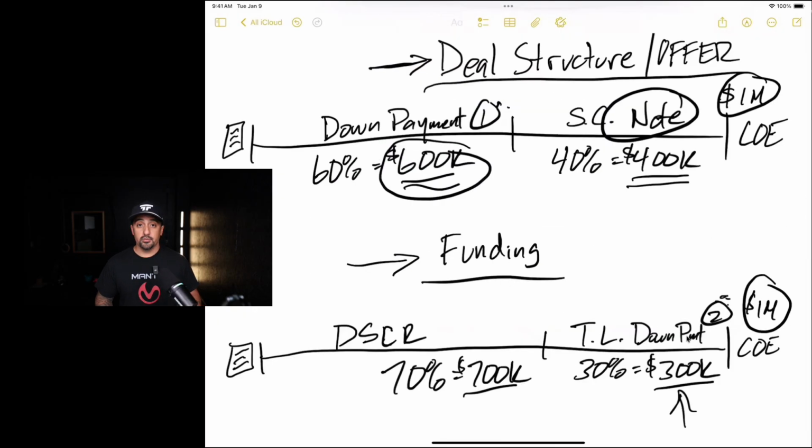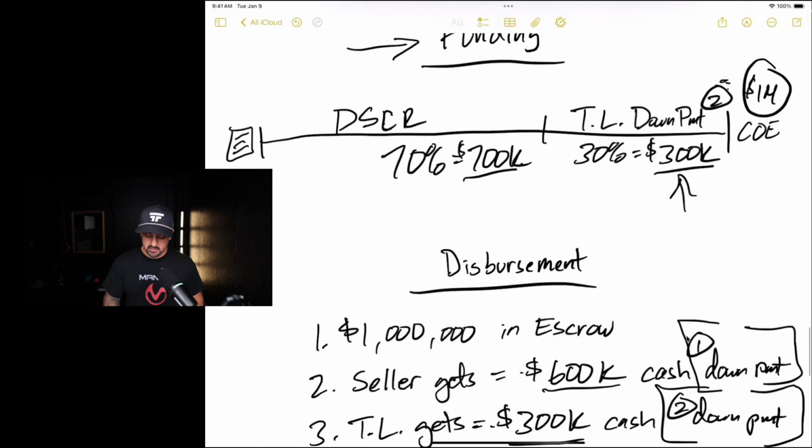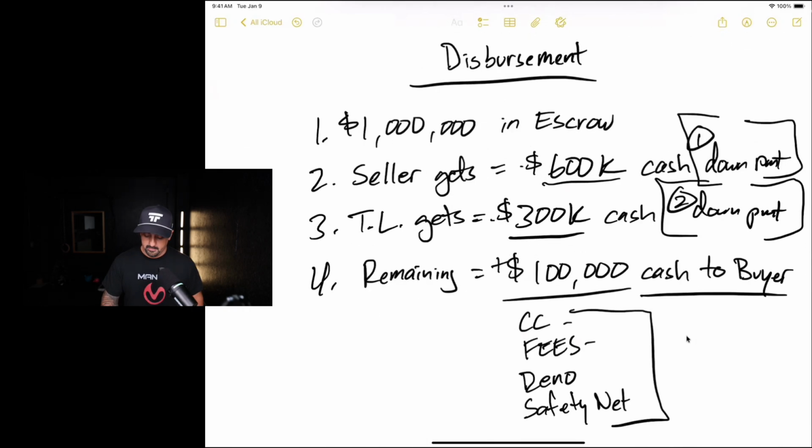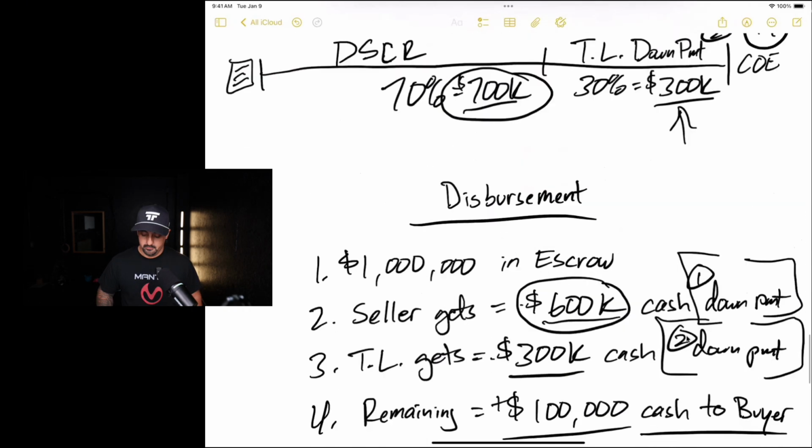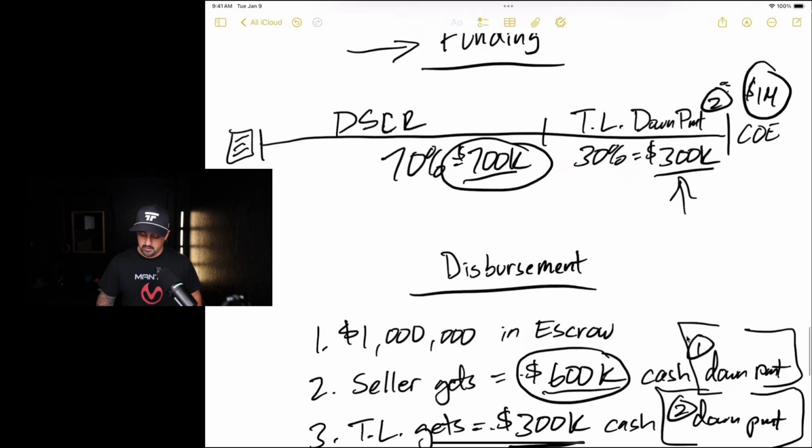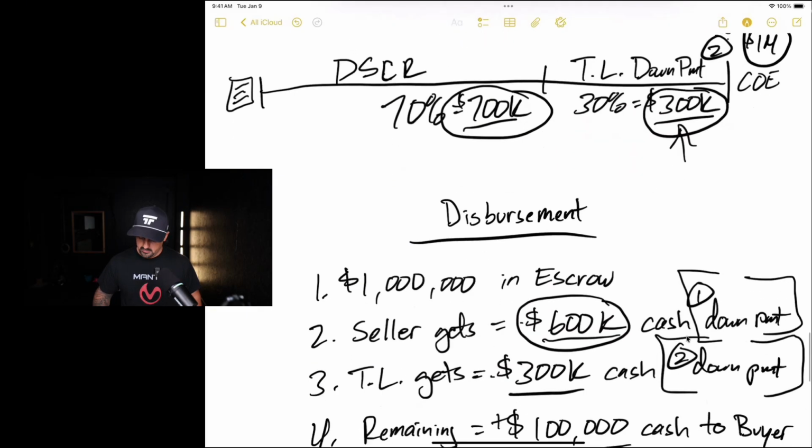So you wanted to send $600,000 to the seller at the close. That's cash. That is a down payment to the seller. This is how it got paid. This 700,000 here. Out of the 700,000, this 600,000 got paid. Now, down payment 2 came from the transactional lender. That's what we're talking about here. That 300 went into escrow, and guess what?